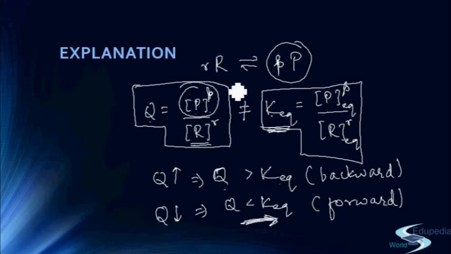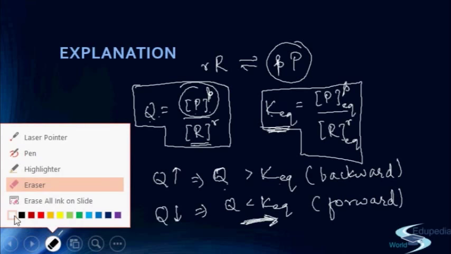Let's look at it from the reactant side. The same thing. What if I change the concentration of reactant? If I increase the concentration of my reactant at equilibrium, right now Q is equal to K equilibrium, but as soon as I increase the concentration of reactant, it will once again become not equal to K equilibrium. So the reaction will shift in such a way that Q is again equal to K equilibrium.